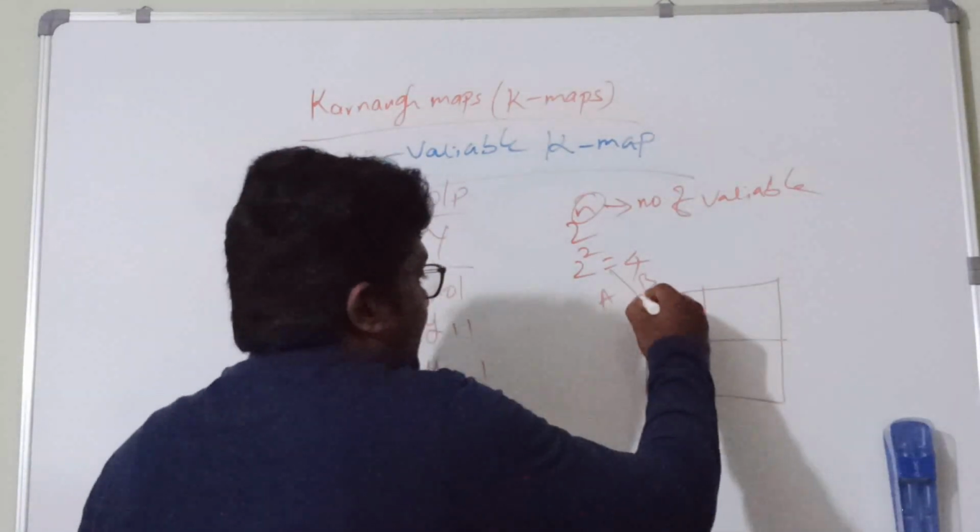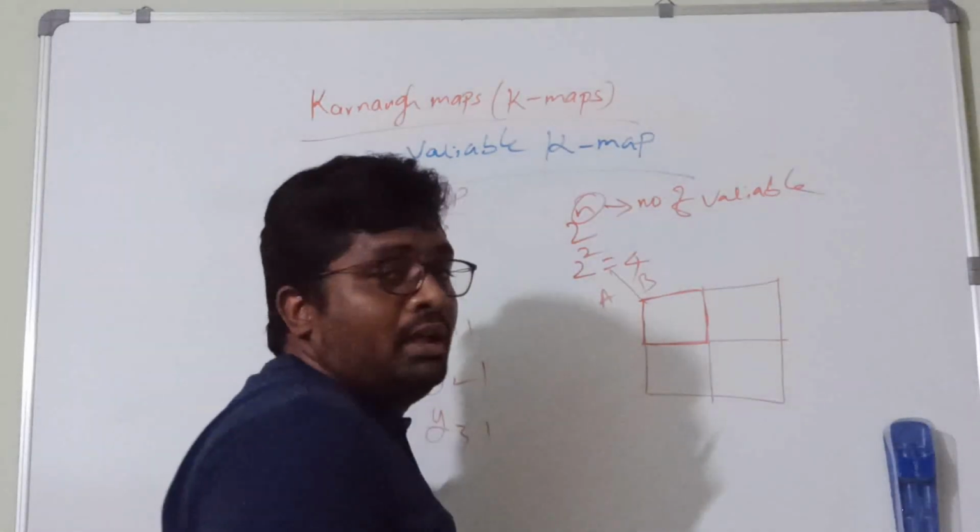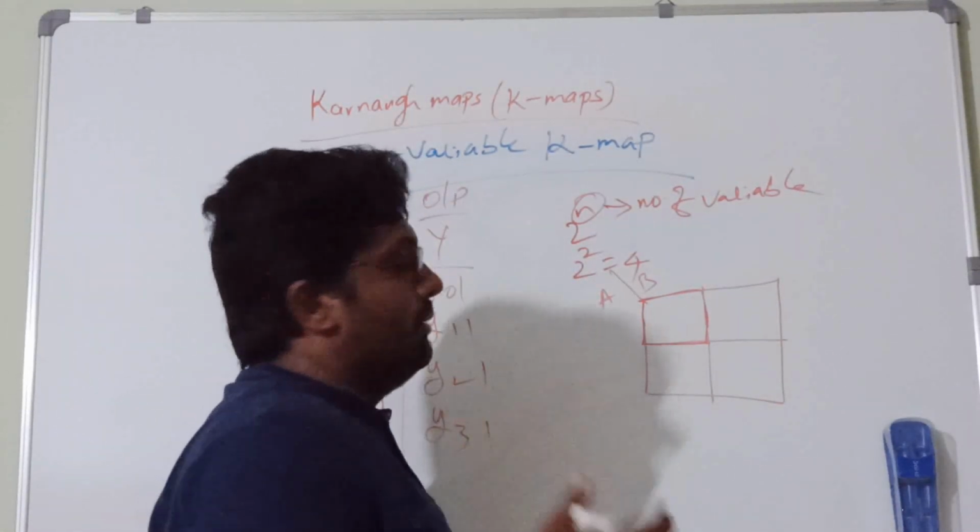Each square in a K-map represents a minterm, right?